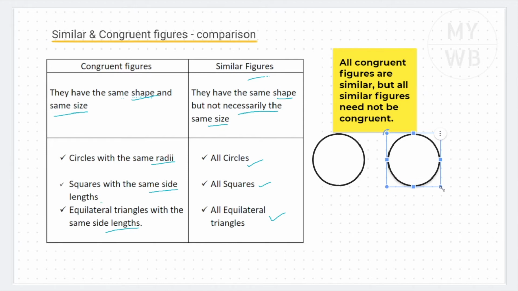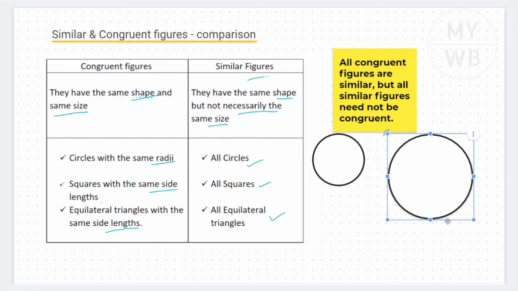Now, if we magnify one of the circles, we see that the shape of the circle is still intact, it is round, but the size has increased. So these two circles are no longer congruent. We can say that these two circles are similar. Radii are not the same. The size has increased. So the two figures are similar.